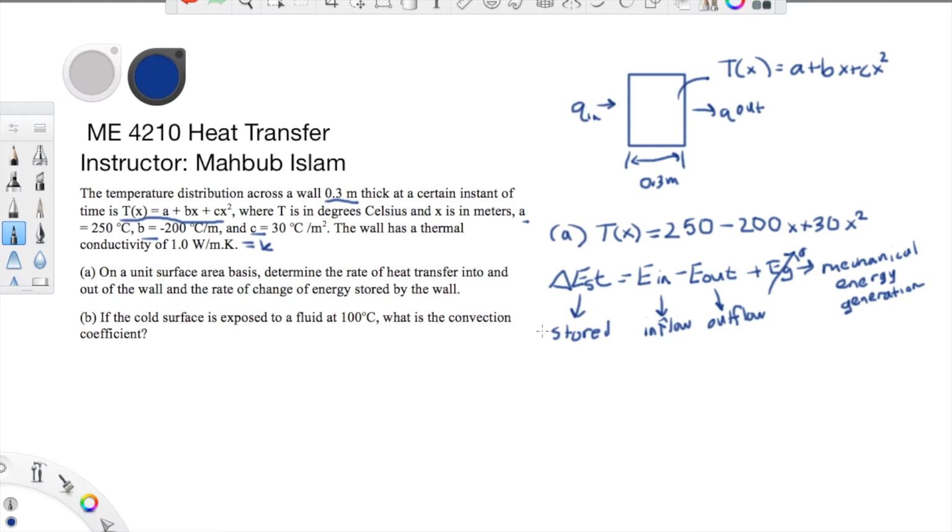To solve for our inflow and outflow, we can use our Q conduction formula. Since area is not given, we can simply make sure area is kept on both sides so that it cancels out.